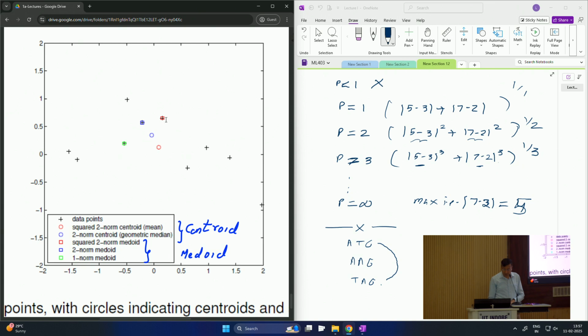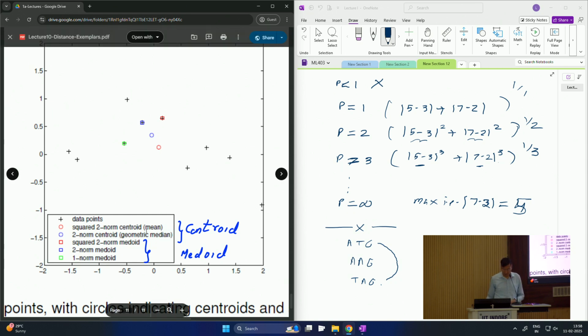When you find the medoid, it turns out to be this. It has to be a data point because it is a medoid. When you do it without the square, it gives you a different value. And when you do a 1 norm, it gives you another value. So depending on the distance metric you're using, you change your representation or the exemplar. Is that okay? Correct? Yes?